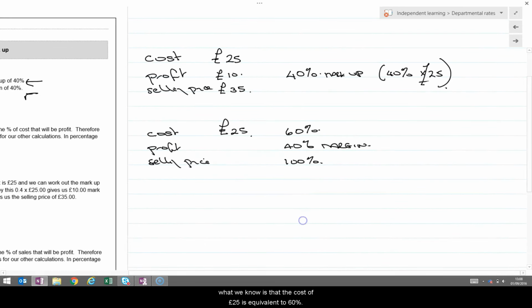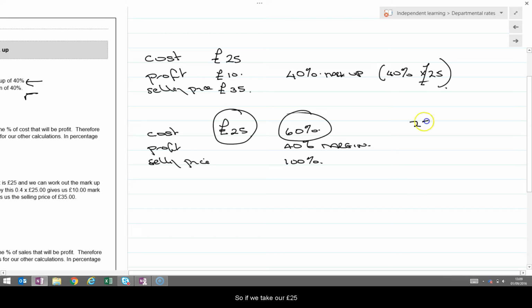So what we know is that the cost of £25, that's equivalent to 60%. So if we take our £25, divide it by 60, that tells us what 1% is.